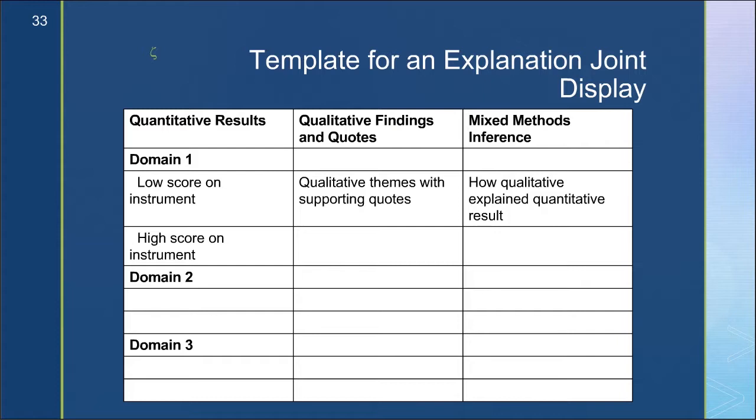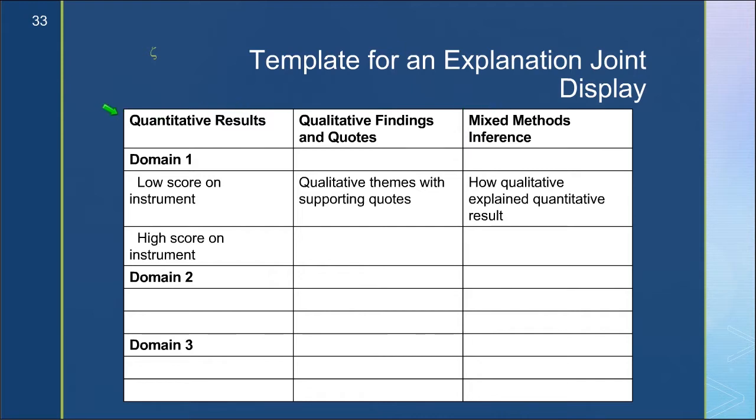So let me give you one other example, and this is sort of at the end of an explanatory sequential study. Well, we want to really showcase that variation and explain variation. So here we have this column for quantitative results, another column for qualitative findings. We might have some supporting quotes as well, and then a column for a mixed methods inference.